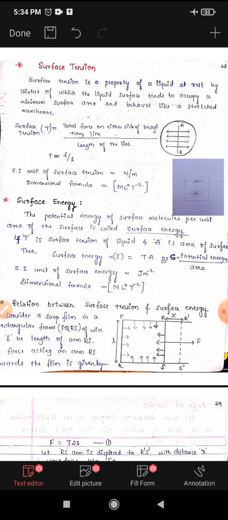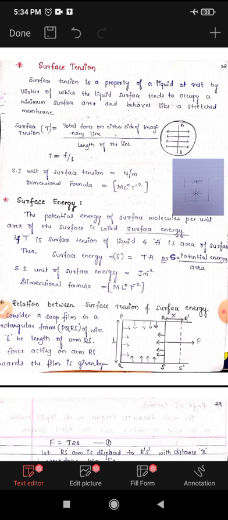See these arrow marks on either side, these indicate the surface tension forces on either side, which are equal but in opposite directions on this imaginary line AB.